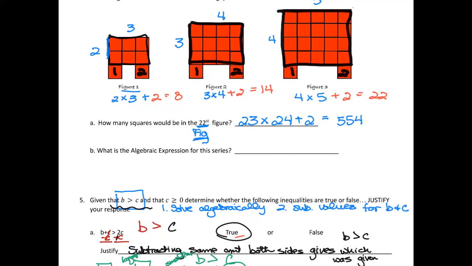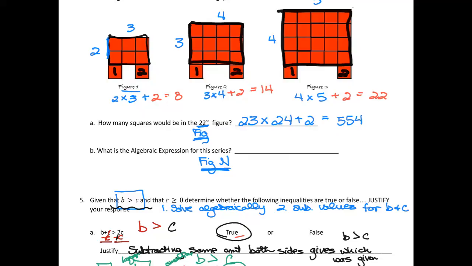So if I want to write an algebraic expression for figure n, what would the length of the side be of this rectangle for figure n? What did you do to 22 to get to 23?